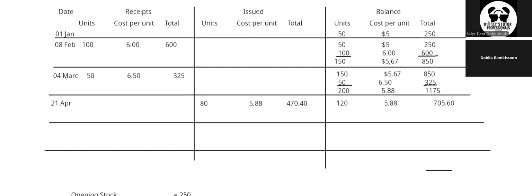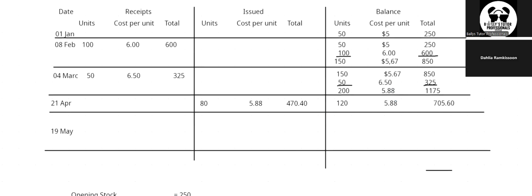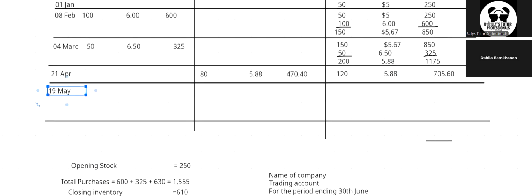I'm purchasing 90 units at $7 each, which will be 630. So now to calculate my new average cost, because again, every time you purchase goods, you gotta calculate a new average cost, right? So I had 120 remaining, and then I just bought 90 more.